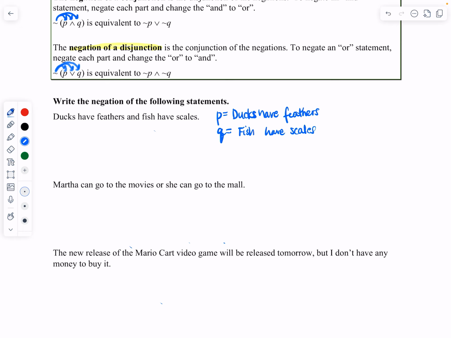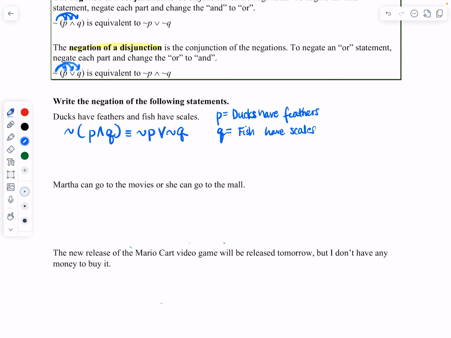If I negate this, the original statement is negation of P and Q. Through De Morgan's law, the logically equivalent statement is negation P or negation Q. So that's what I need to write up.